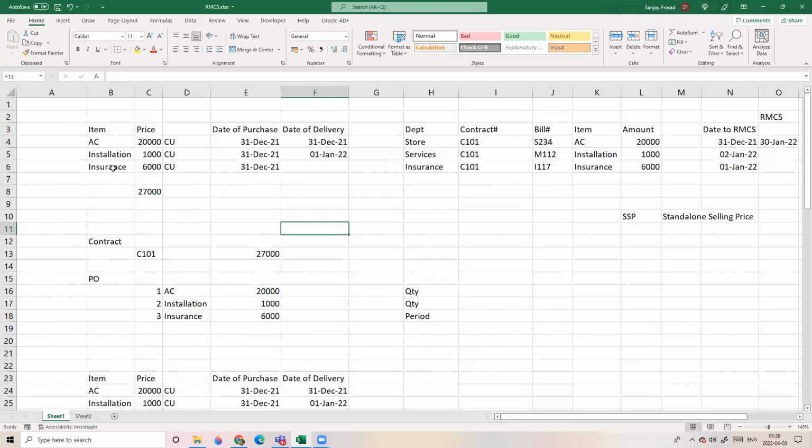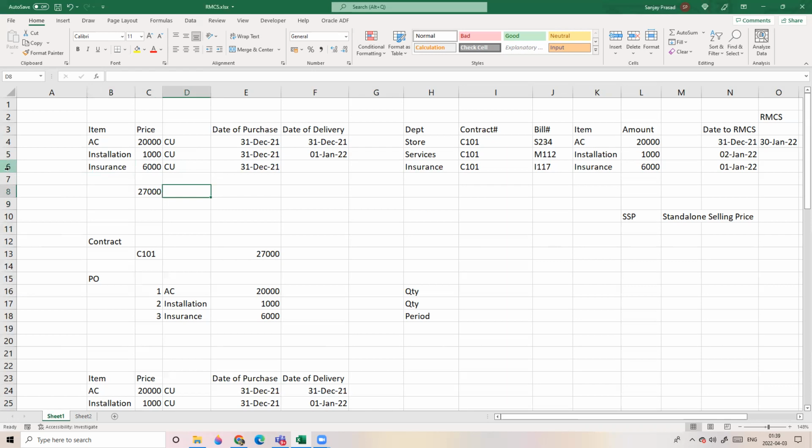As and when the number of days gets completed, that much of the amount for the insurance delivery should be recognized. For example, on 31st January 22, we should recognize 6,000 divided by 12. Or there can be some different mechanism for calculating the amount. The point I want to make is that after a month, we should be recognizing the amount according to the coverage completed.